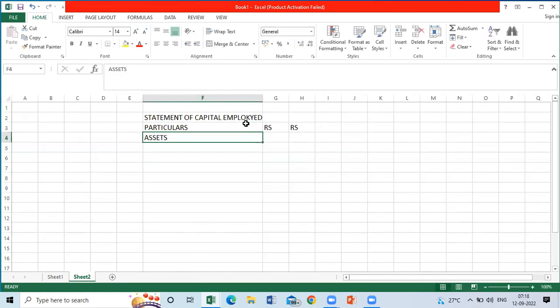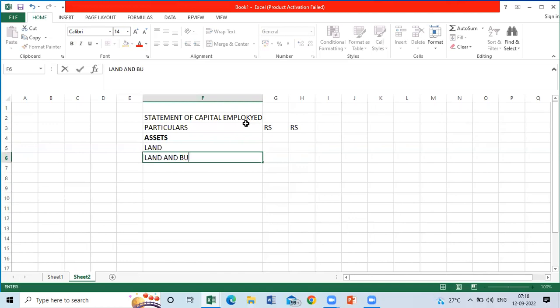Now take only those assets which are really assets. What does it mean, sir? Land is an asset. Land and building is an asset. Plant and machinery is an asset.